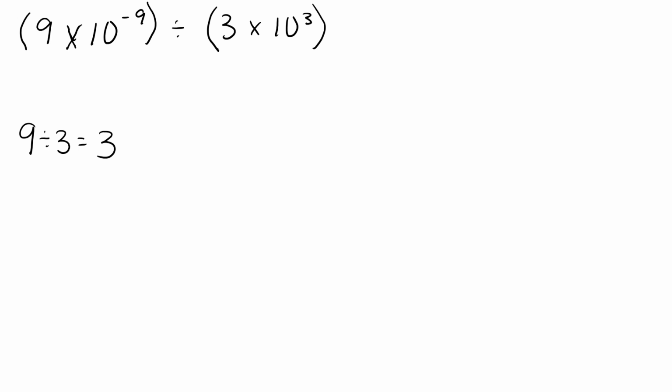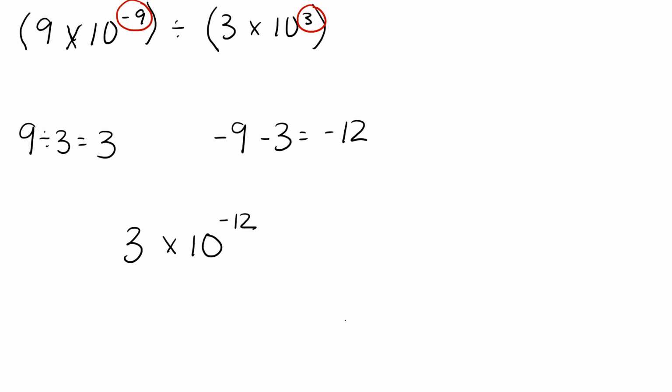When it comes to our exponents, when we're dividing, we subtract our exponents. So we would subtract the negative 9 minus the 3, which would give us a negative 12. And we use both pieces of information to write our answer. 3, always times 10 to the negative 12th power.